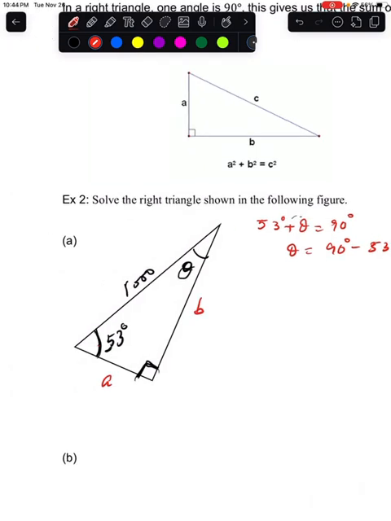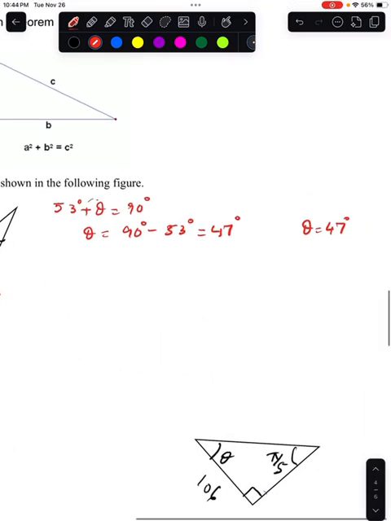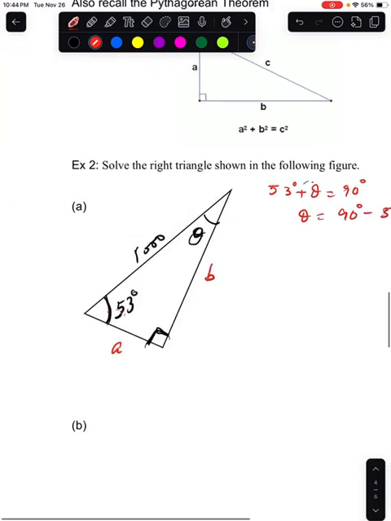So can I use the Pythagorean theorem here? No, because I have two unknown quantities. So what should I do? I should use some trig ratio or some trig function. I now know theta, and I already know the other angle, which is 53. So I use 53 and one of these unknowns, which is A or B, and then my hypotenuse.